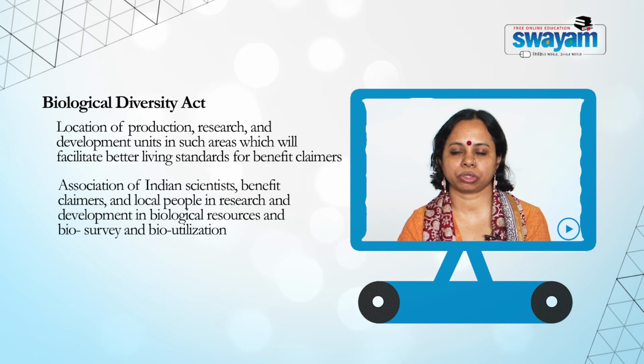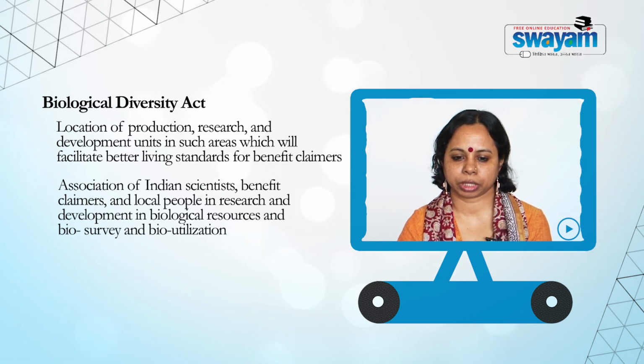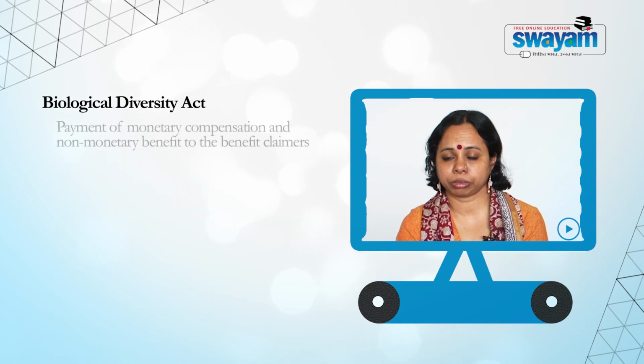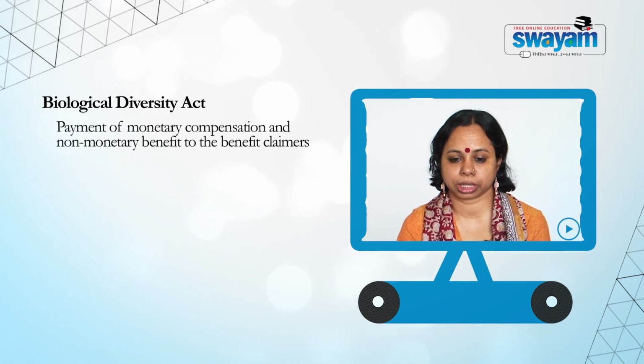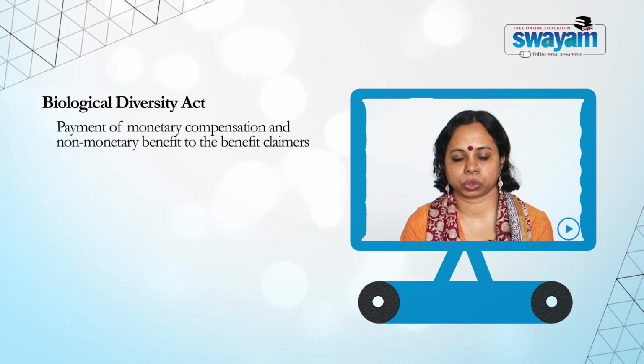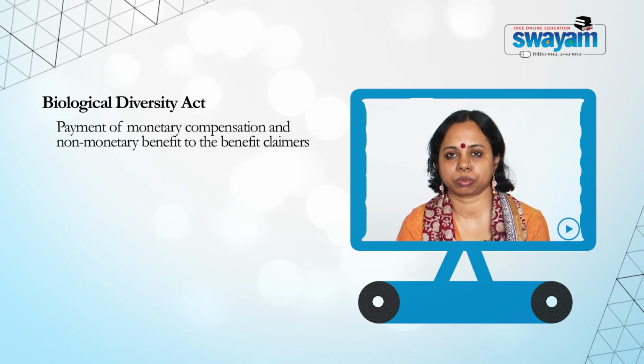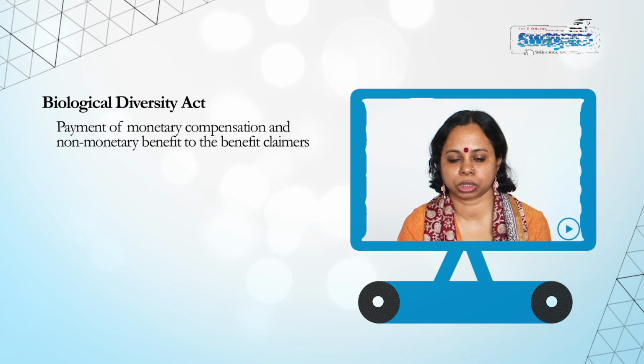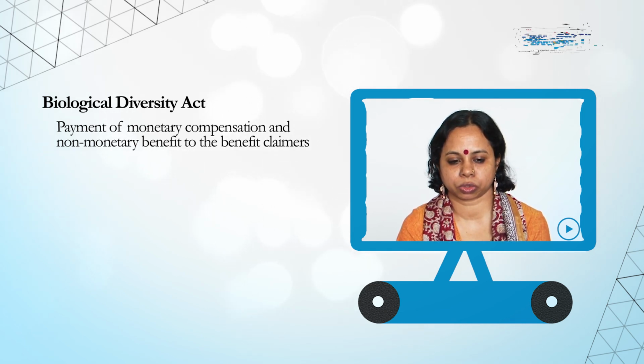Then association of Indian scientists, benefit claimers and local people in the R&D initiatives, setting up of venture capital fund for supporting the cause of benefit claimers, payment of monetary compensation and non-monetary benefit. So, there are a number of mechanisms envisaged under the Act for giving an equitable sharing of benefit to the claimants of the knowledge or those protectors of the resources.